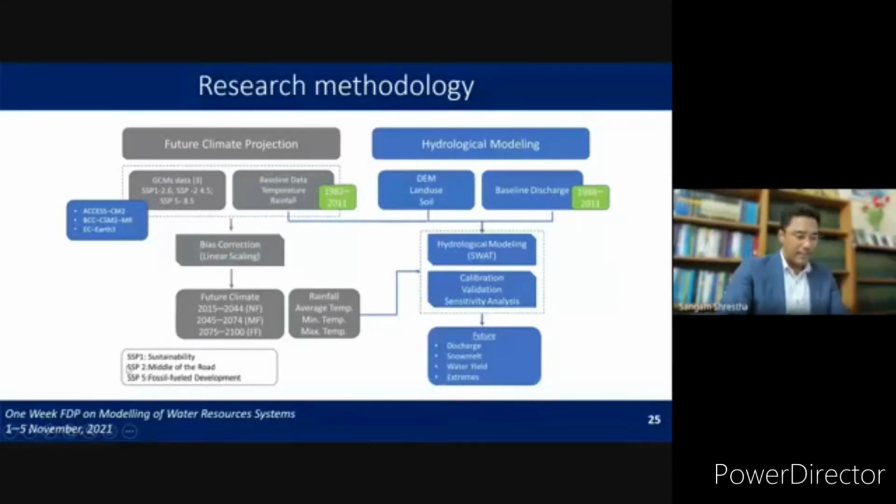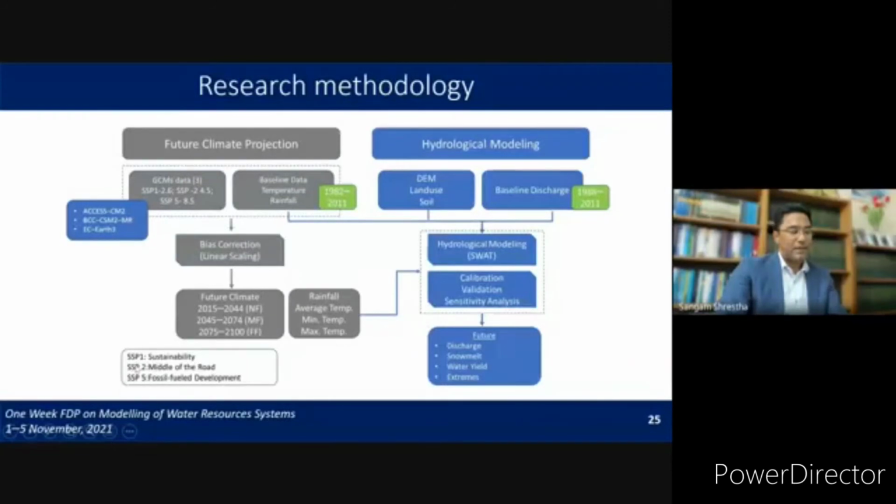And the names of these scenarios I mentioned here. SSP1 is the sustainability scenario, SSP2 is the middle of the road scenario, and SSP5 is the fossil fuel development scenario.